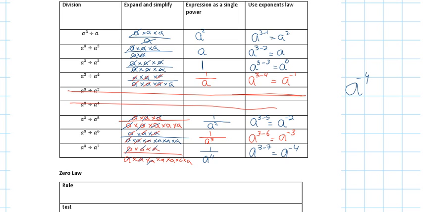What is a divided by? 1. Right? Anything that there's no division, it's 1. If I flip it, what does it become? 1 over a. And then I make my exponent positive, so that becomes +4. So, when I had a to the power of -4, it's 1 over a to the power of 4.